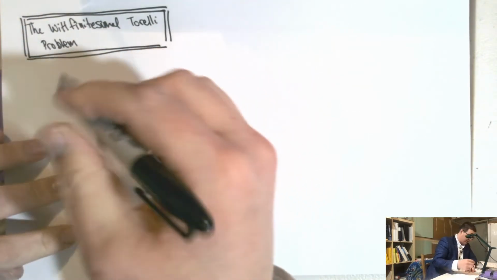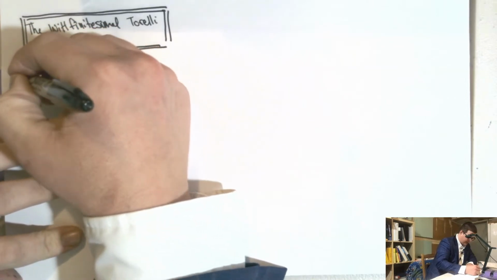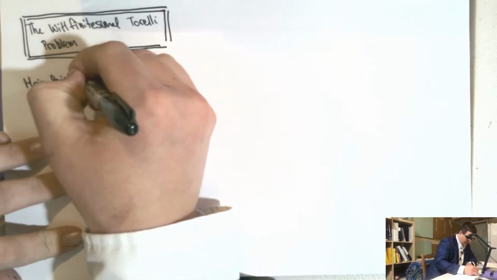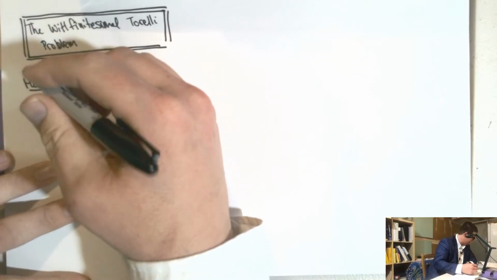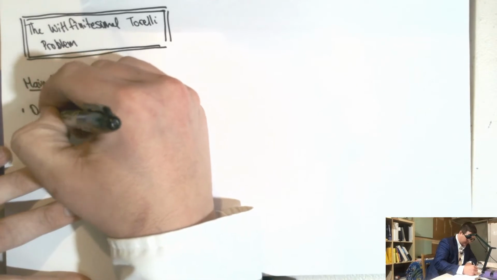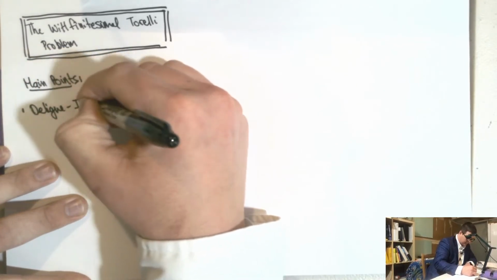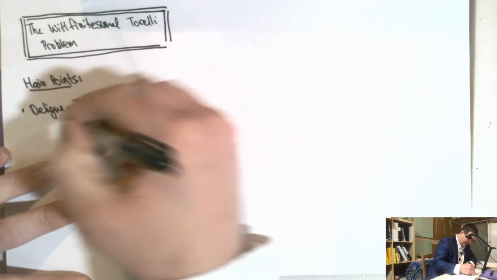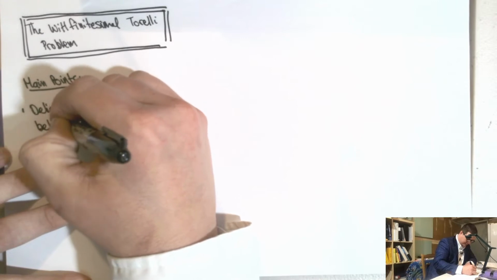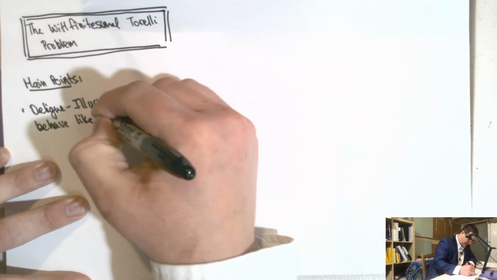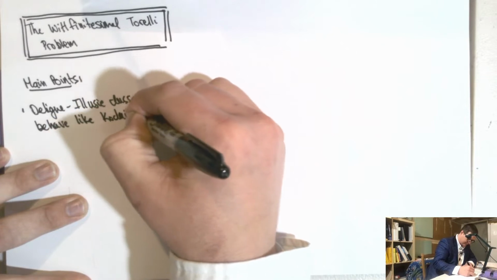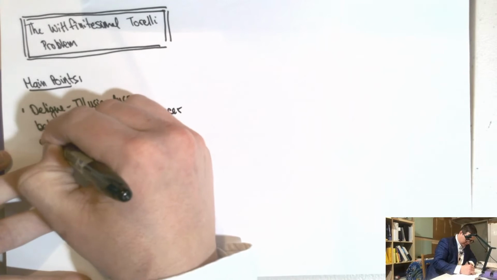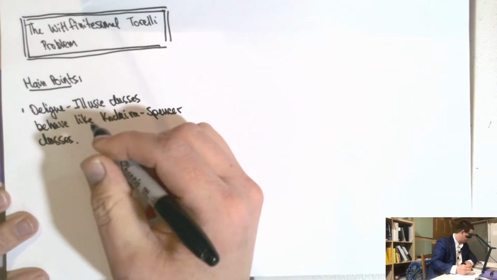Okay, so the main takeaways here, the main points, are that so-called Deligne-Illusie classes behave like Kodaira-Spencer classes.